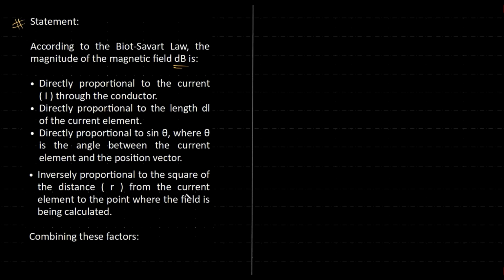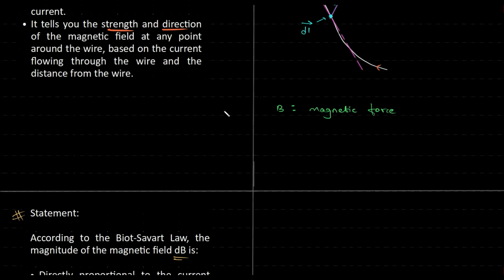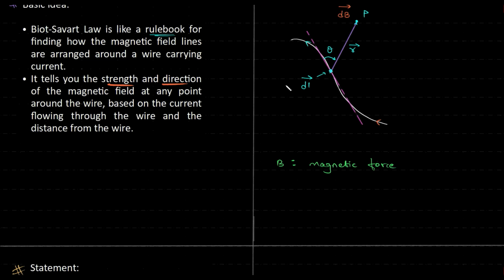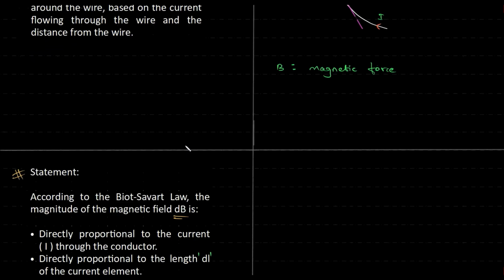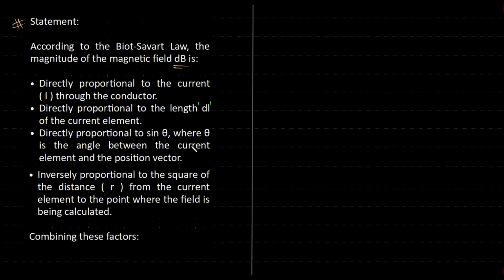Okay, now moving on. According to the law, we have things directly proportional to the current, that is, your magnetic field dB is proportional to the current, directly proportional to length dl. See this small length dl. It makes sense, right? The current I and the small length dl, and the angle.